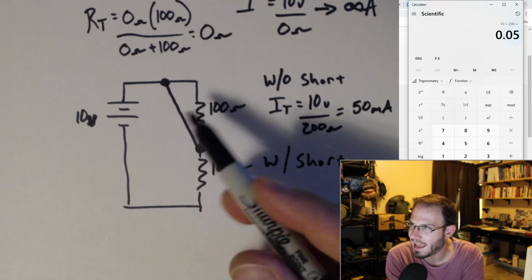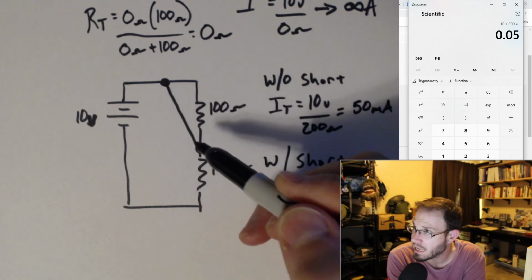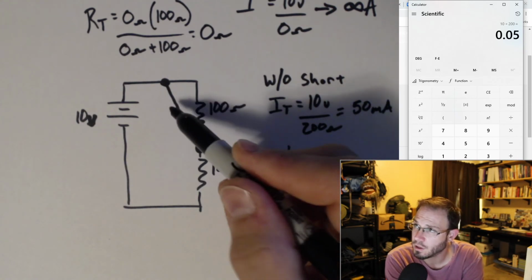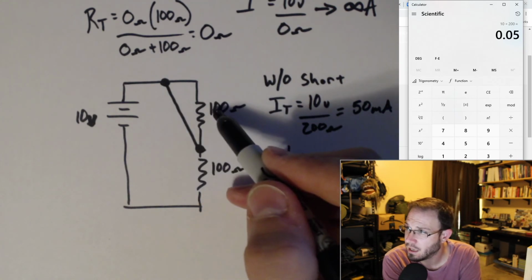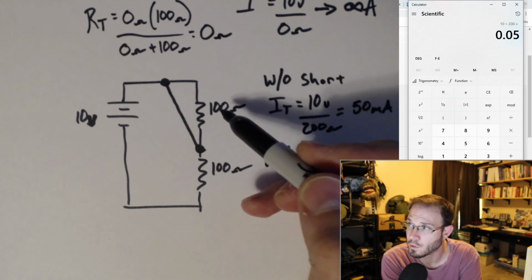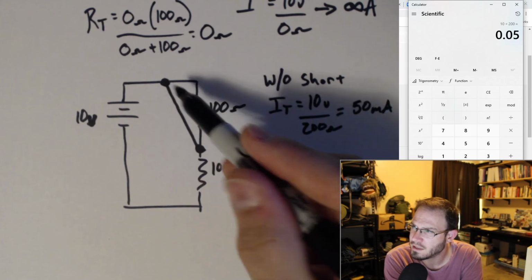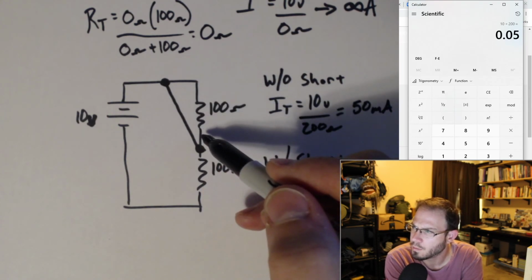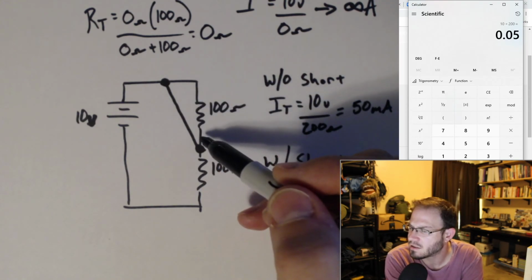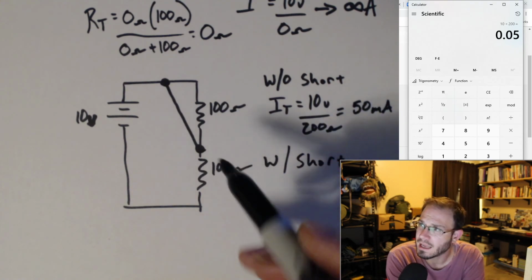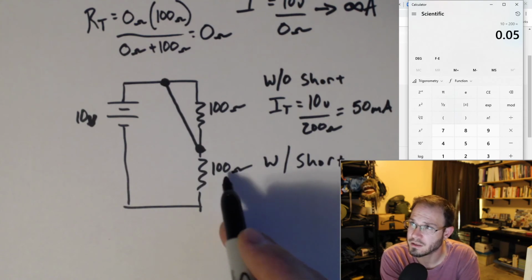You could consider this short to be in parallel with this 100 ohm resistance. And if these two are in parallel and this is 0 and this is 100, well, the total resistance we know is going to be 0 ohms for both of these. So you replace those with 0 ohms, or you think about this as just canceling out that resistance. And what we're left with is just 100 ohms in this circuit.